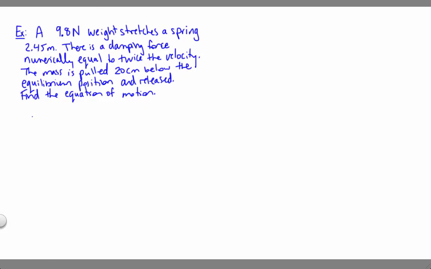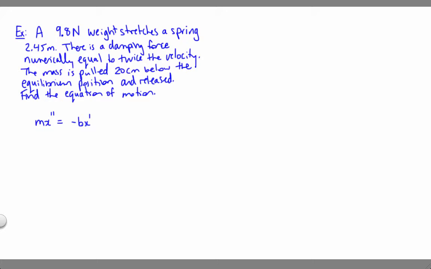First thing, let's try to write down our DE by thinking conceptually. So we've got mass times acceleration, which represents our net force, and then let's think about the three different forces that could be acting here. So we could have our damping force, so that's going to be proportional to velocity and in the opposite direction.